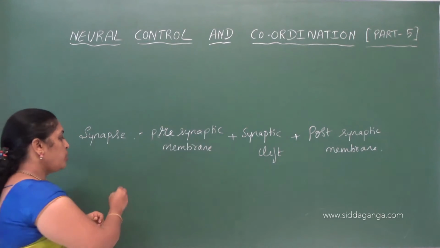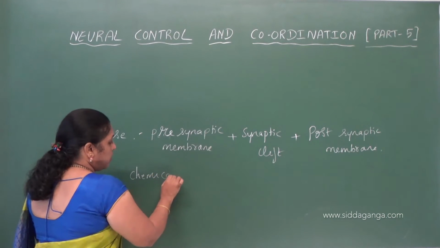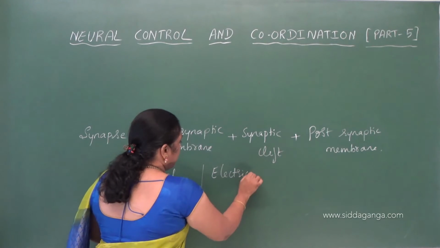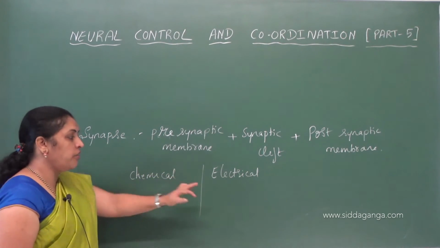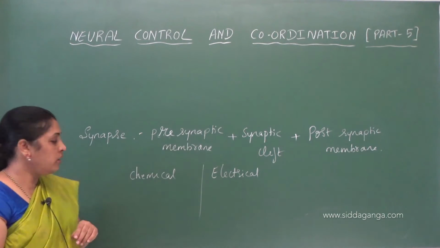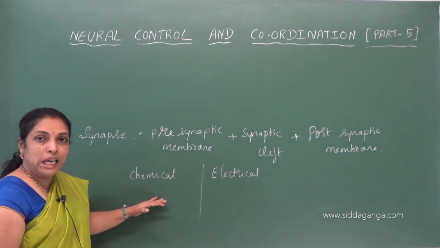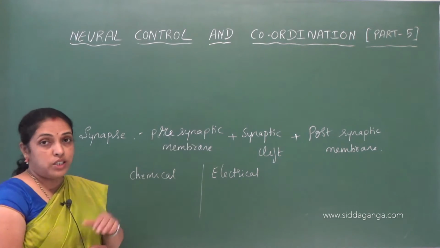So we discussed two types of synapses, that is chemical synapses and electrical synapses. In chemical synapses neurotransmitters are present, whereas in electrical synapses neurotransmitters are absent. In the chemical synapse we see delay in the conduction, whereas in electrical we see a faster rate of conduction.